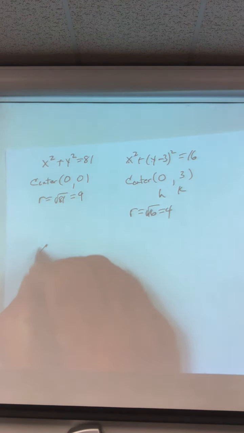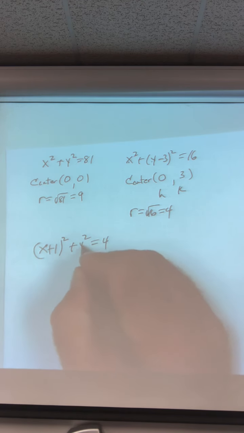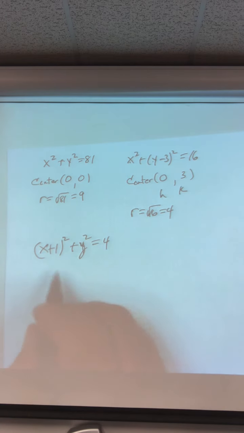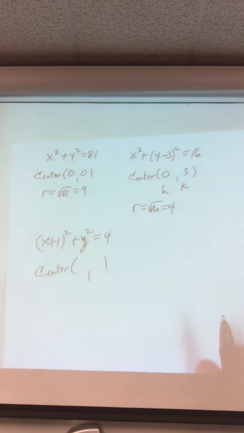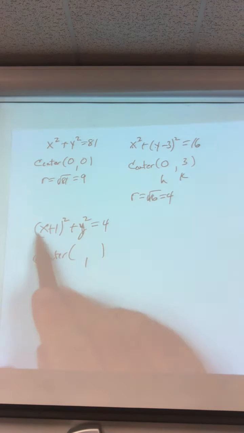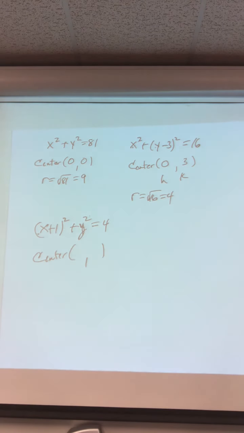2 more. Okay, center: h, comma, k. First, how do I know this is a circle? Because the x is squared and because the y is squared. All right, what's the center?